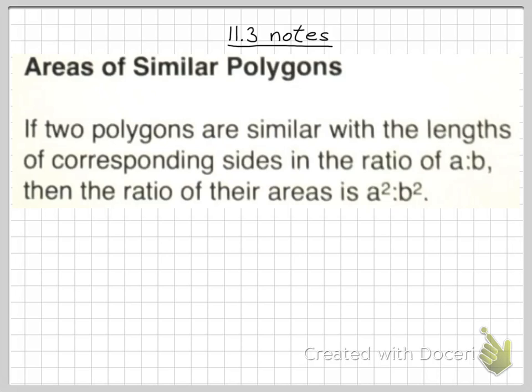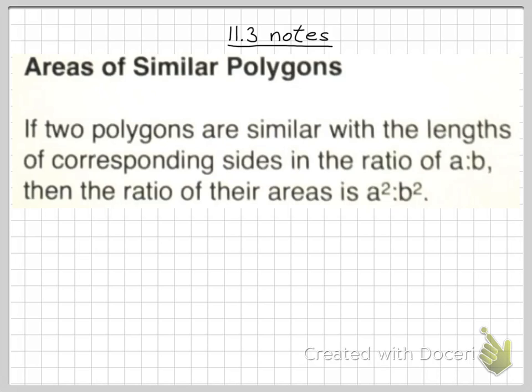Anything that can basically become a straight line, any length, or even a perimeter, which is just a series of straight lines. If you have two polygons that are similar, then the ratio of their corresponding side lengths will equal the ratio of their perimeters. It's a 1-to-1 ratio. But today's lesson is on the ratios of areas of similar figures.